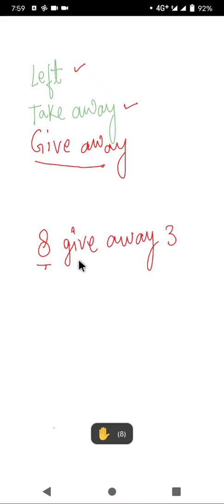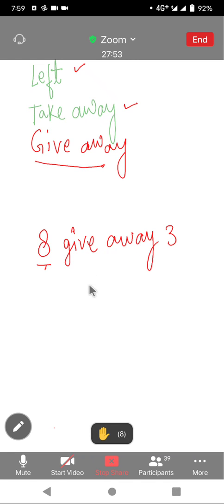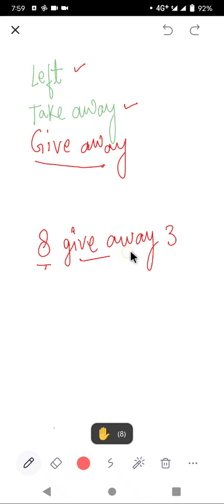So here giveaway means subtraction. We have to subtract it. 8 minus 3. In place of giveaway we can put the minus sign, so 8 minus 3 is equal to 5. From 8 balls give away 3 balls, we will be left with 5 balls.